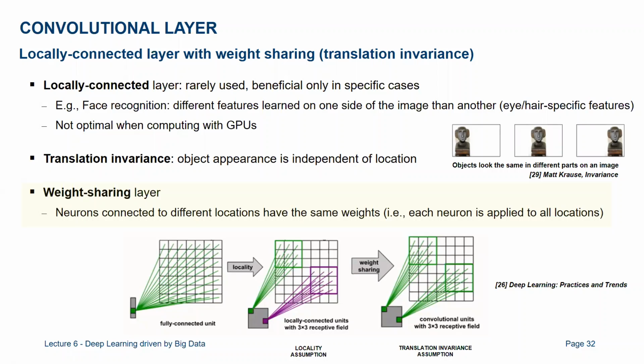And of course, here you can imagine that we are now proceeding even further in terms of, let's say, less computation, because otherwise we would have different weights for all the different possible locations. So it was already nice to not have all the connections here. But of course, if we have different connections for each of the locations, you still have a lot of connections, right?